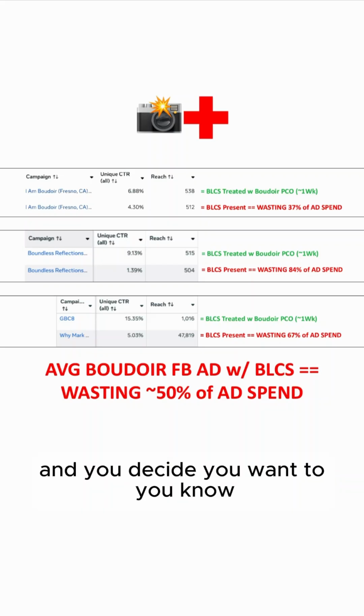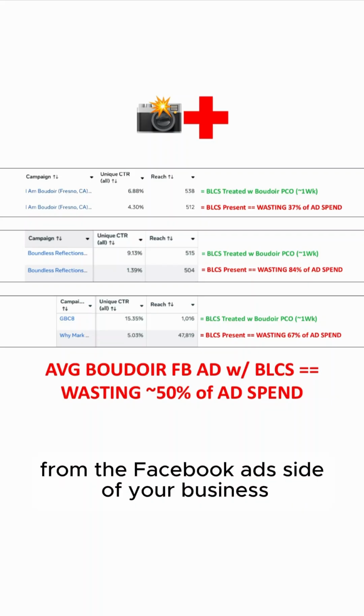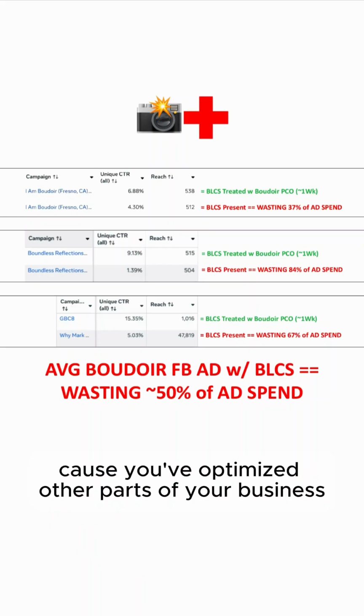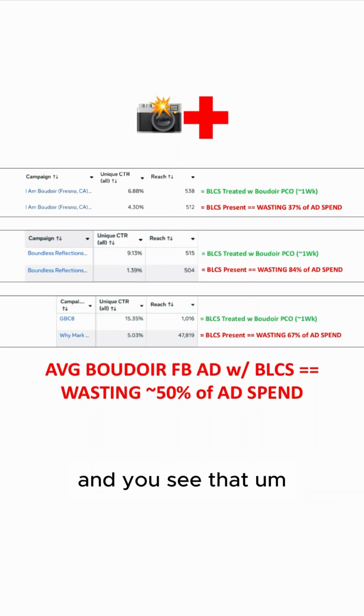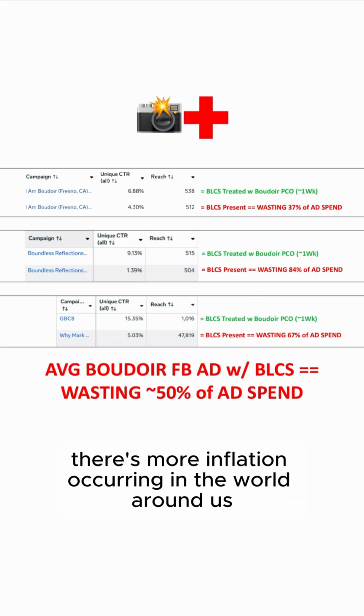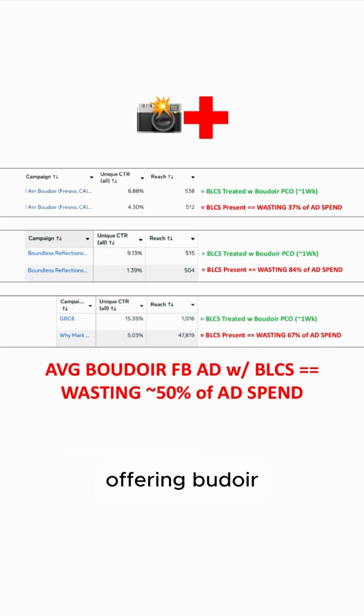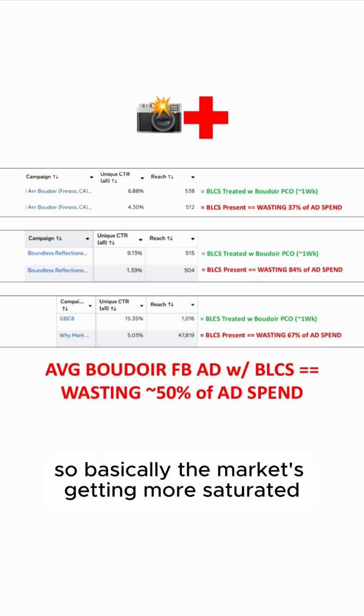And you decide you want to pull this profit out from the Facebook ad side of your business, kind of plug those leaks because you've optimized other parts of your business. And you see that there's more inflation occurring in the world around us. We want to pull some more profit out. We see more women entering the marketplace, offering boudoir services every day. So basically, the market's getting more saturated.